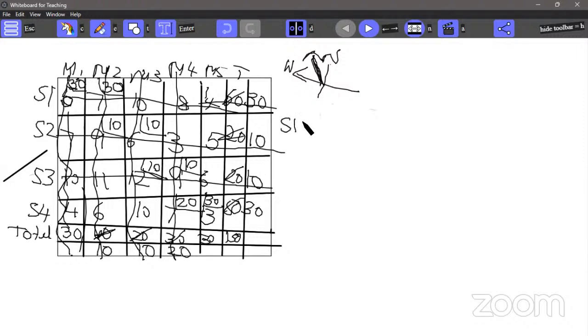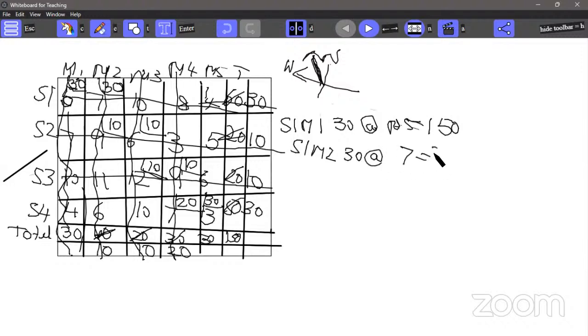From S1 to M1, you are supplying 30 units at the rate of 5 rupees. So how much is the cost? Make a transportation bill. 150, isn't it? From S1 to M2, you are supplying 30 units at the rate of 7 rupees. So how much? 210.